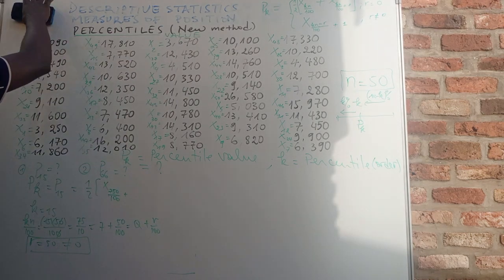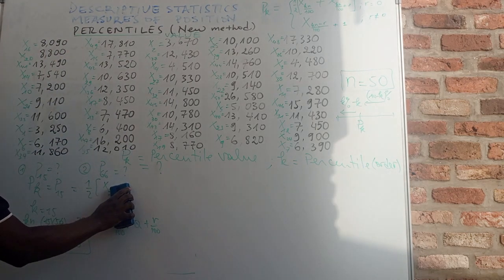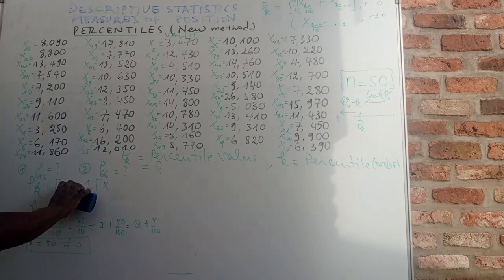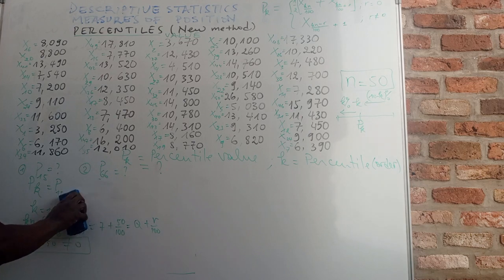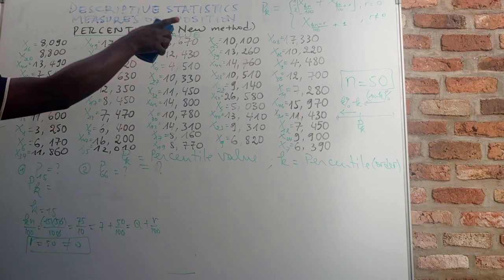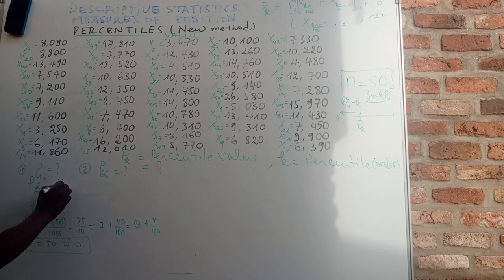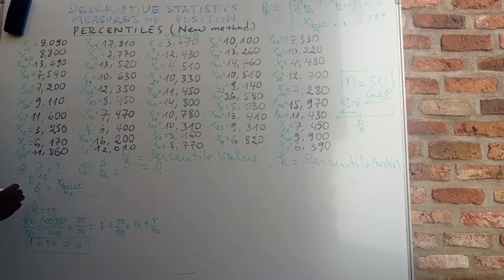That is the formula. Now let us use it in general: x sub kn over 100 minus R, because here R is different from 0.